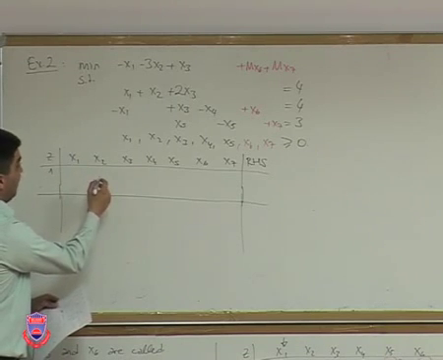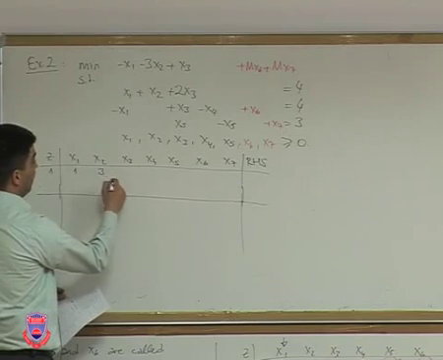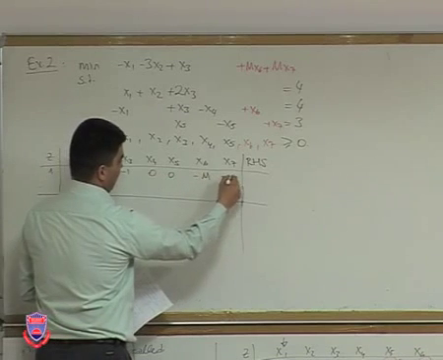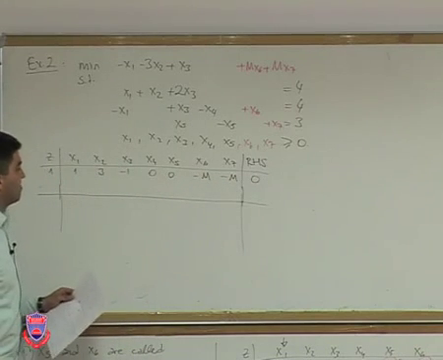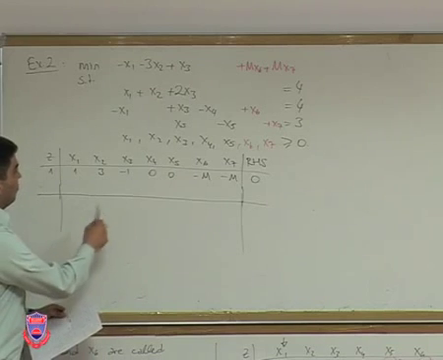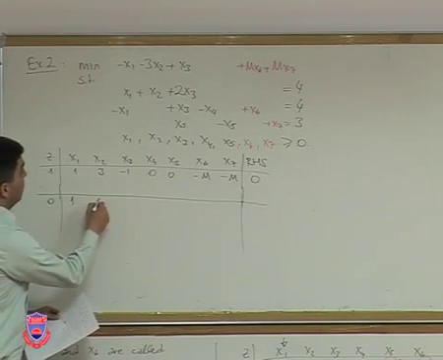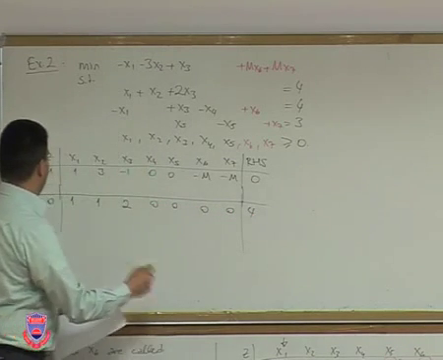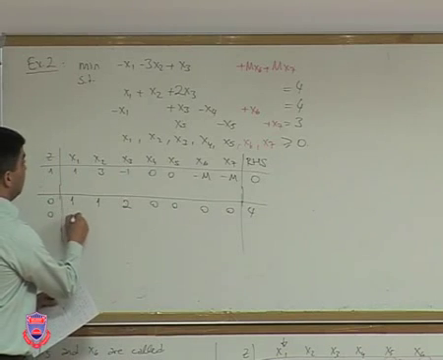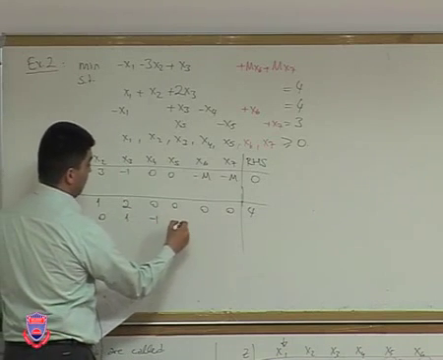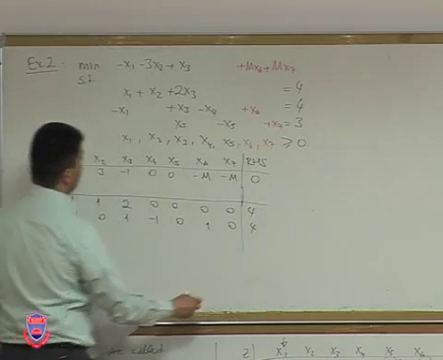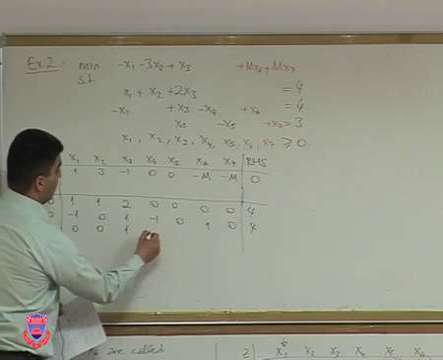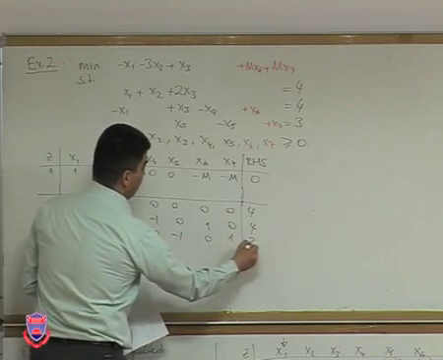Somebody help me. 1, 3, minus 1, 0, 0, M, right-hand side is 0, right? All right, so let me start with row 1. So 1, 1, 2. I'll have 0, 0, 0, 0. Right-hand side is 4. Then row 2 will look like 0, minus 1, 0, 1, minus 1, 0, 1, 0, and 4. And then row 3 looks like 0, 0, 0, 1, 0, minus 1, 0, 1, and 3.